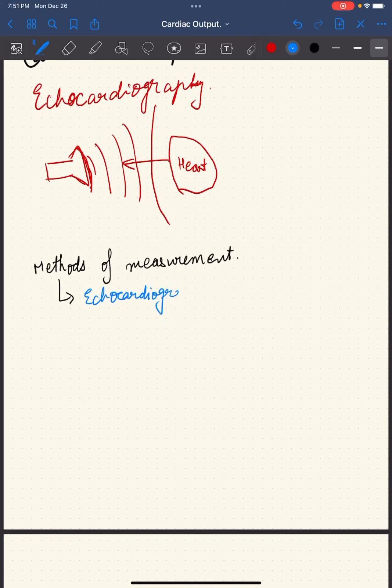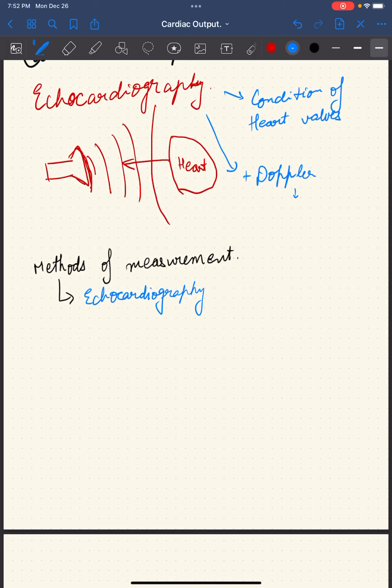Echocardiography gives you information of various stuff like the condition of heart valves. But when it is combined with Doppler, it can give us various other important things like velocity.